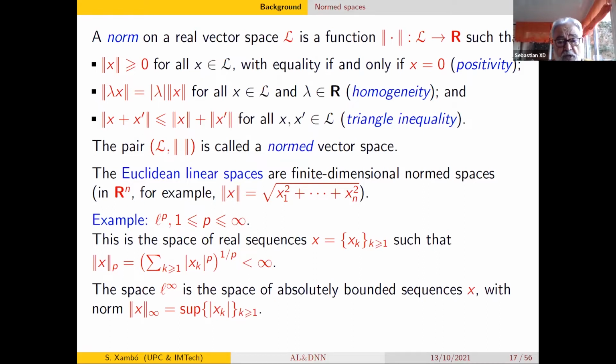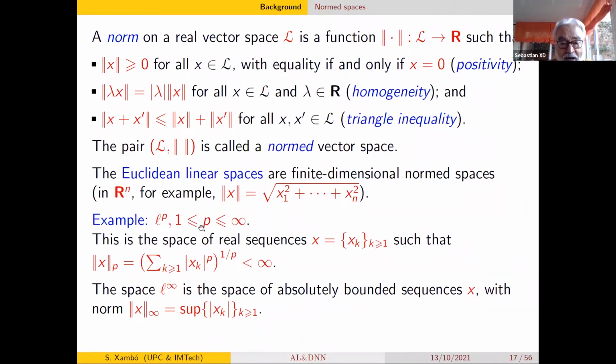What is this? This is the space of real sequences. Let me denote its elements by x, and the terms of the sequence by x_k, k bigger or equal than 1, such that this expression, the sum for k from 1 to infinity of the absolute value of x_k raised to the p, and then of all this sum you take the power 1 divided by p, or you take the pth root of this.